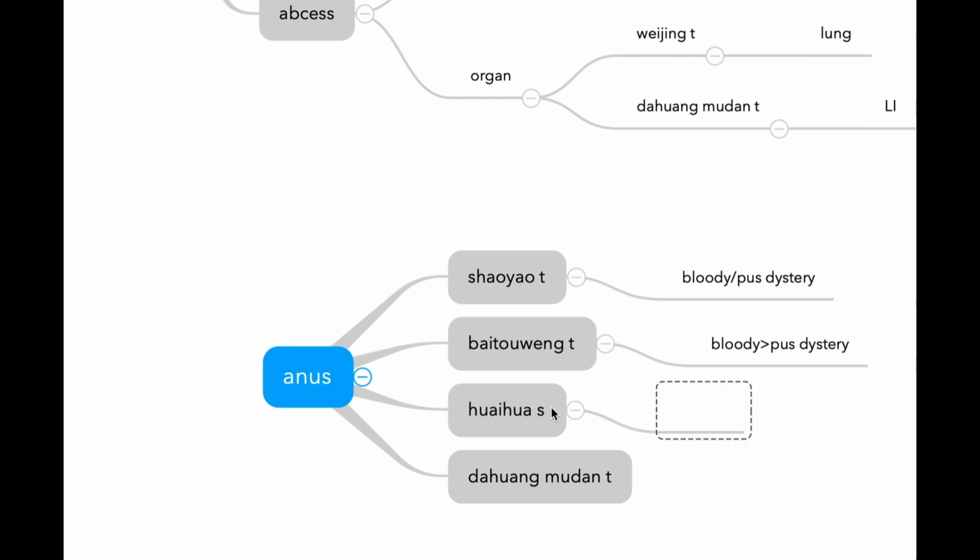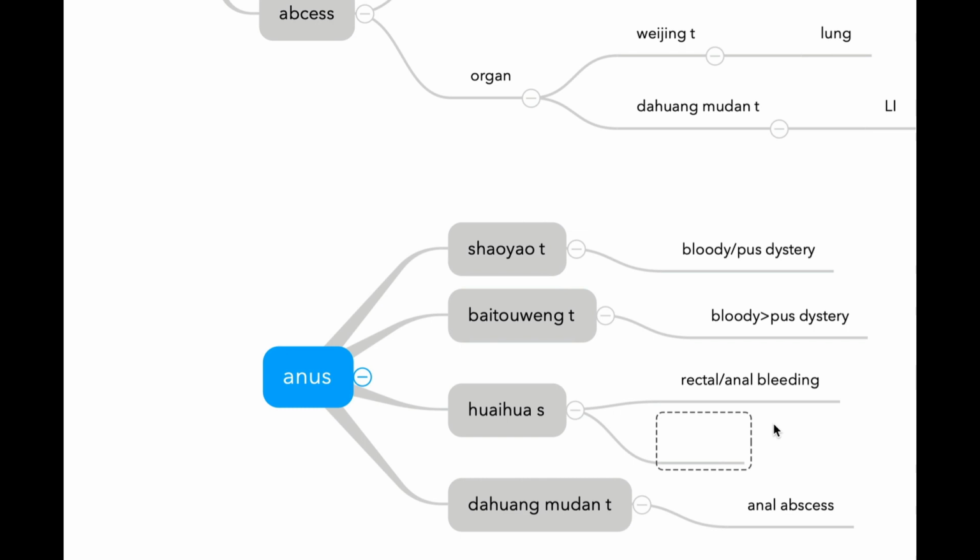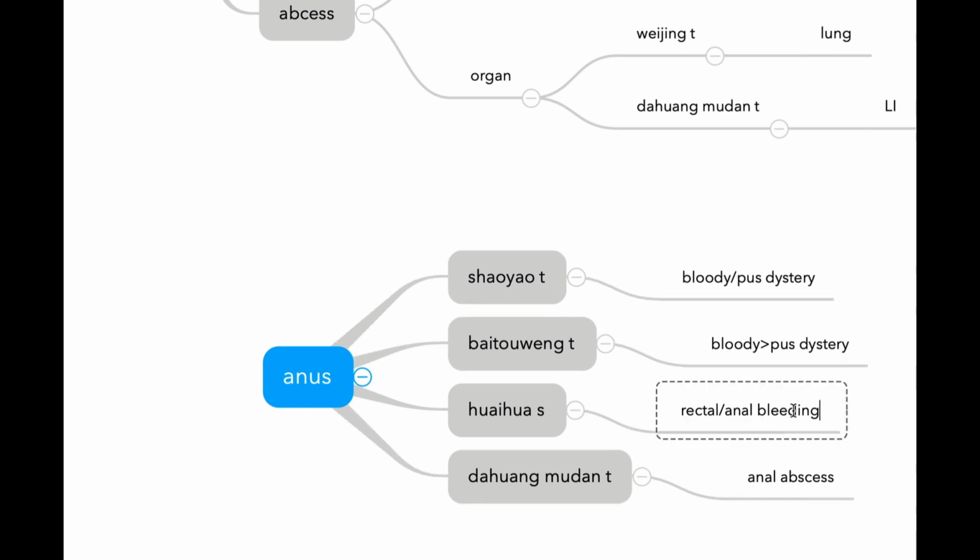And this one treats rectal, anal bleeding. And that one treats anal abscess. So this one treats hemorrhoid.